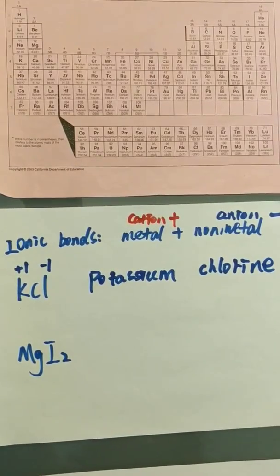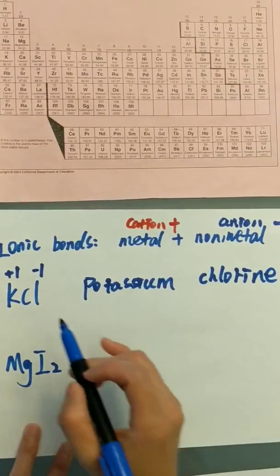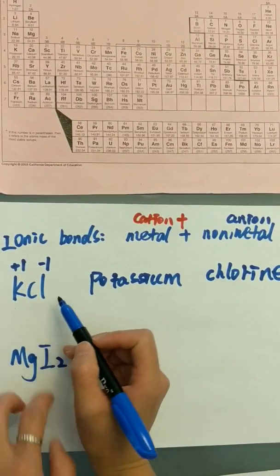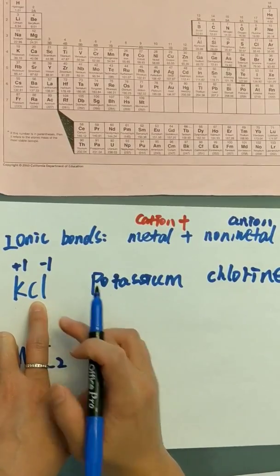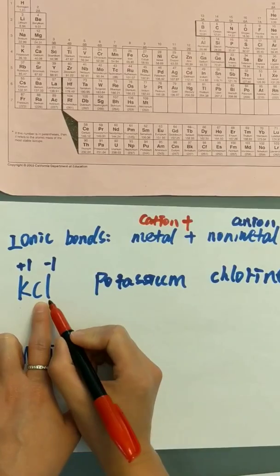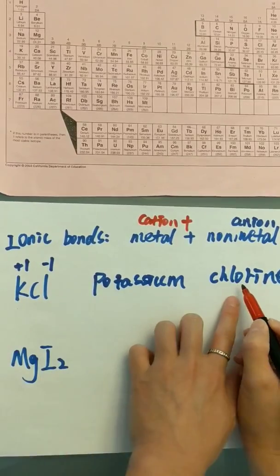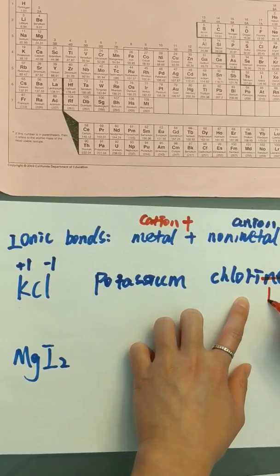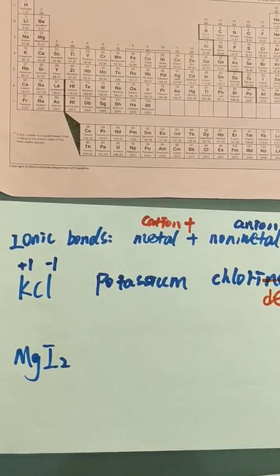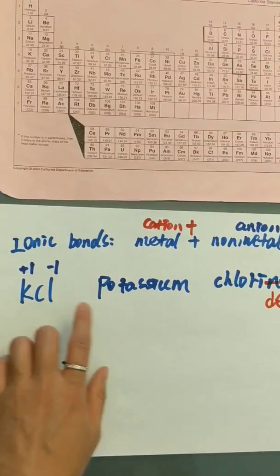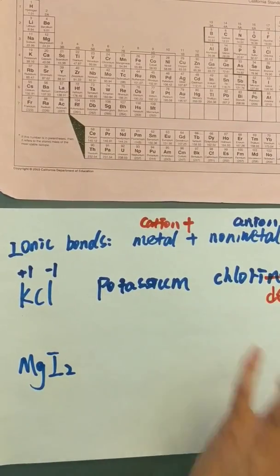The important one is remove the end of the second elements and add an IDE at the end. So change chlorine to chloride. So KCl means potassium chloride.